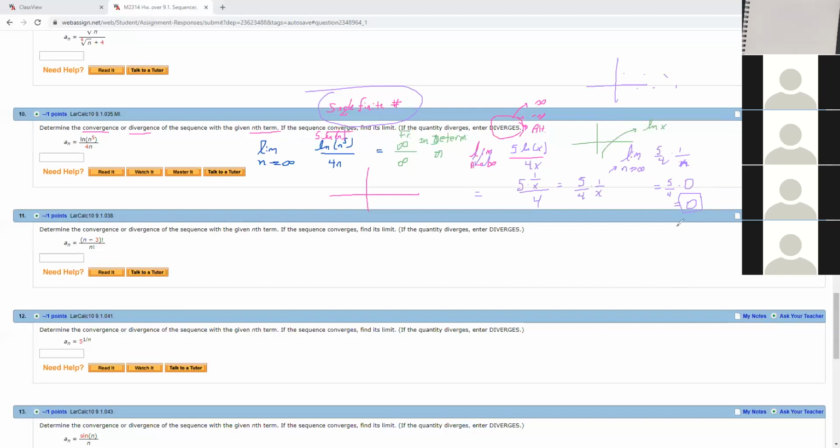So what does that say about the sequence? Is it diverging or converging? It converges to 0. And what does that say about this limit? Does it not exist or exist? It exists. Yeah, the limit exists.